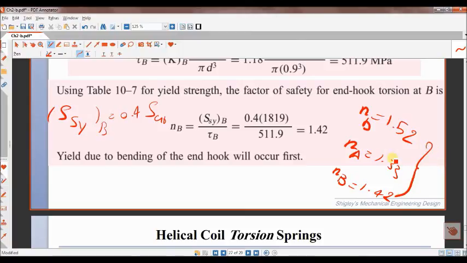So if we compare these three safety factors, you can see that the safety factor at location A is smallest compared to the others. So if your spring is preloaded by any load greater than the allowable load, the failure in the spring will happen at location A. So here it says yield due to bending of the end hook will occur first.